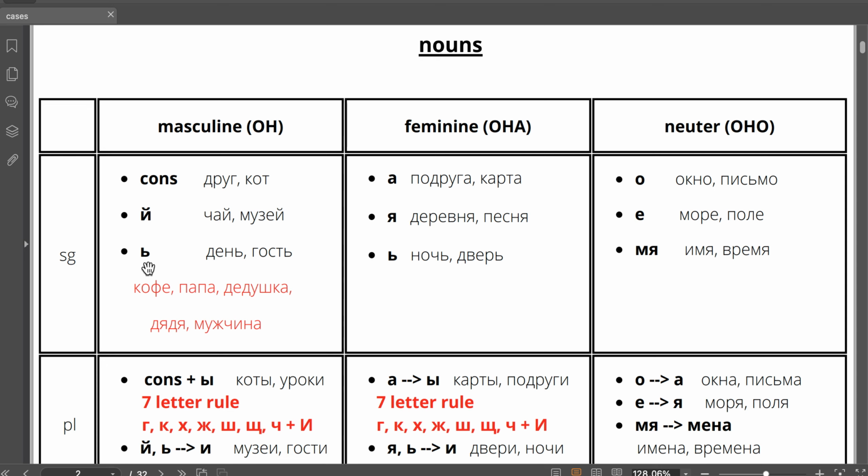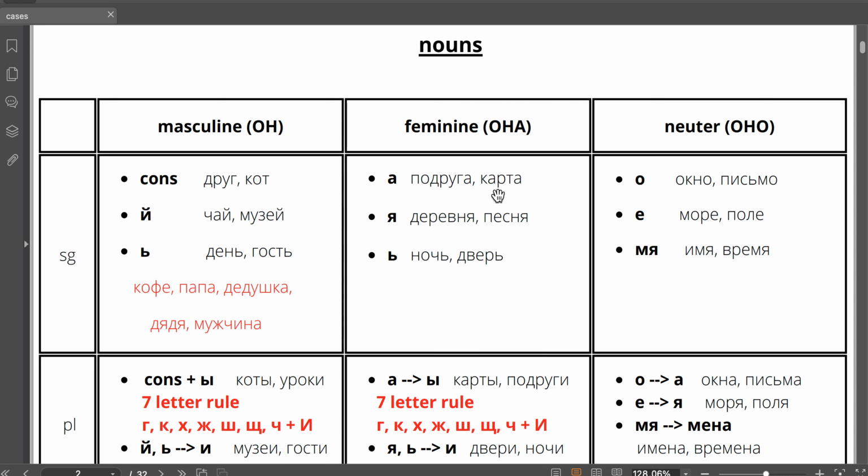We have soft sign, and we will go back to soft sign and some exceptions in a second. So now, consonant ending and short й ending, 100% masculine noun. Let's continue with feminine. She gender, она gender. We have special endings. Vowels а, я. Let's read. Подруга, карта.